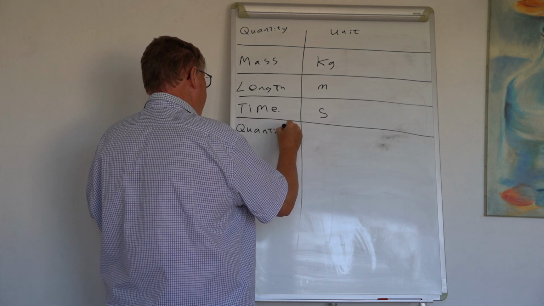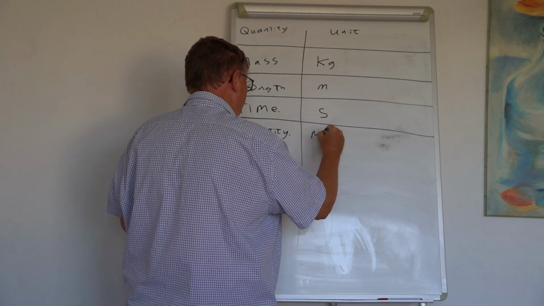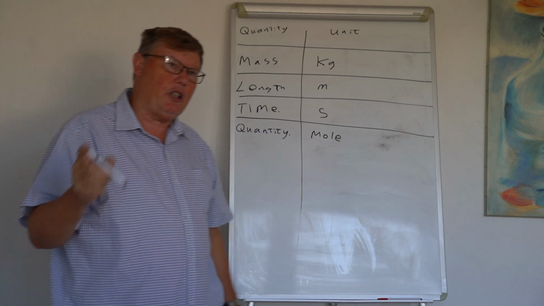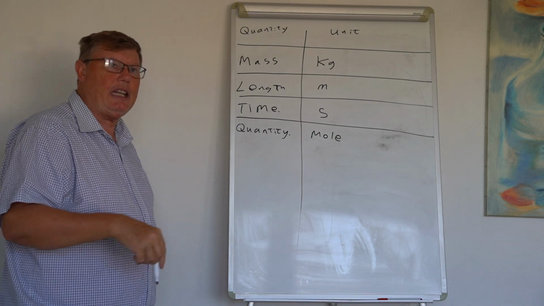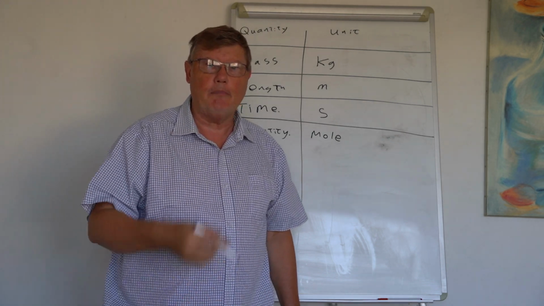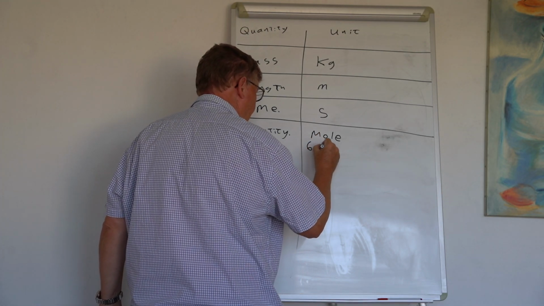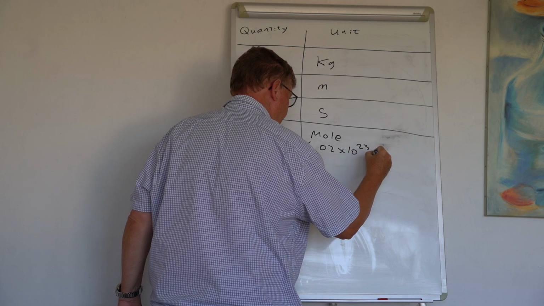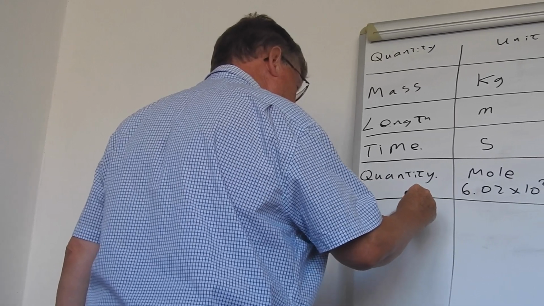The name of the quantity is amount of substance, and its unit is the mole. And if you're doing chemistry, you'll be doing a lot of moles, and you've probably done moles before. A mole is simply a specific number of particles, and it represents usually 6.02 times 10 to the 23 particles or things. Temperature.